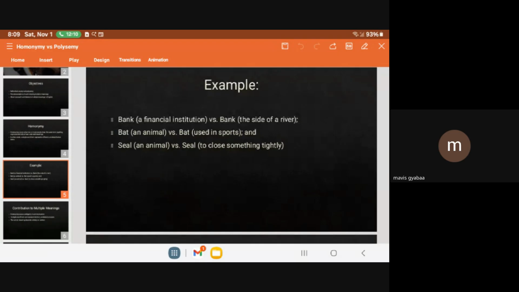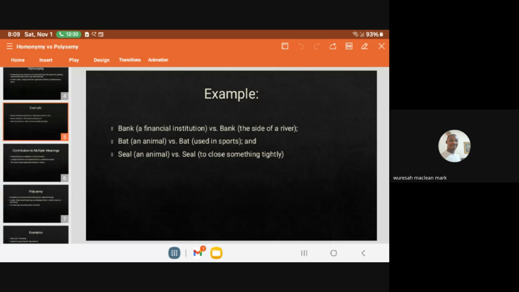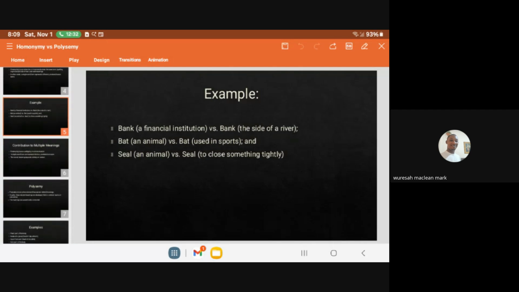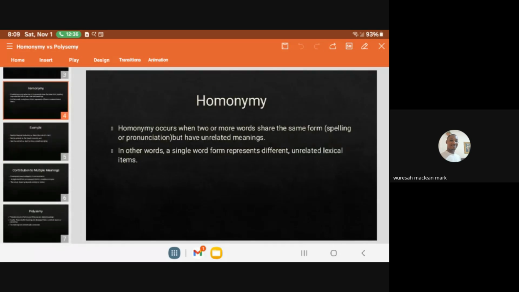Bat can be seen as an animal, as against bat, the equipment used in sports. And we can even have seal, which is an animal, as against seal, to close something tightly. This is an example to explain homonymy.